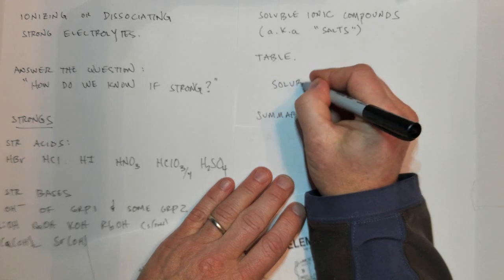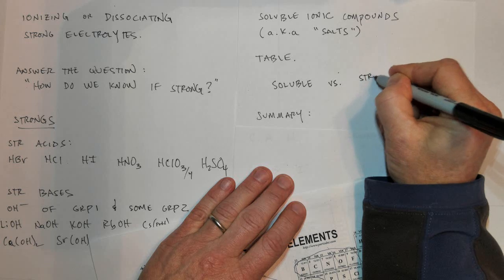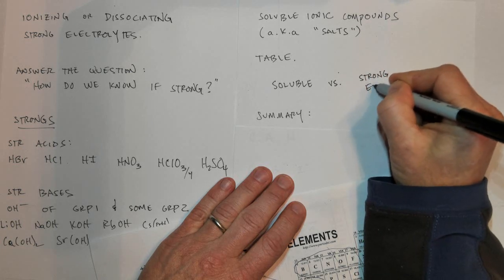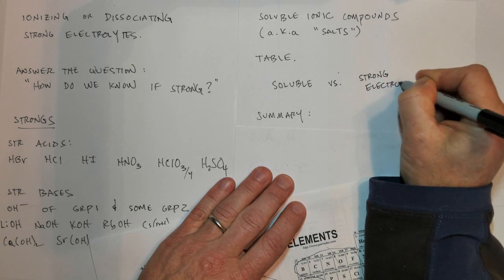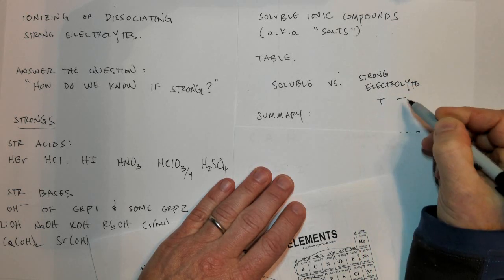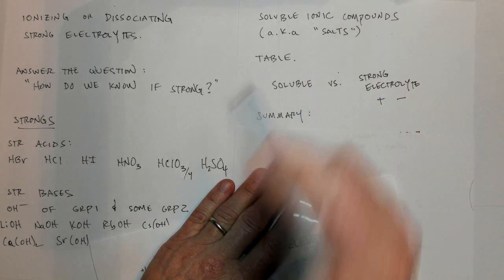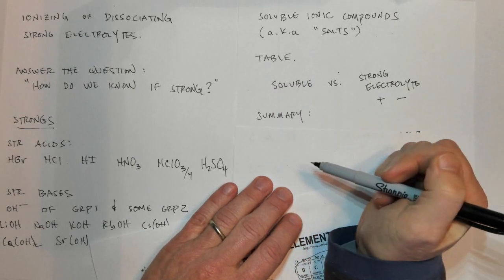Soluble versus strong electrolyte. Strong electrolyte means it forms lots of positives and negatives when it's dissolved. Soluble just means it dissolves in water and is aqueous.